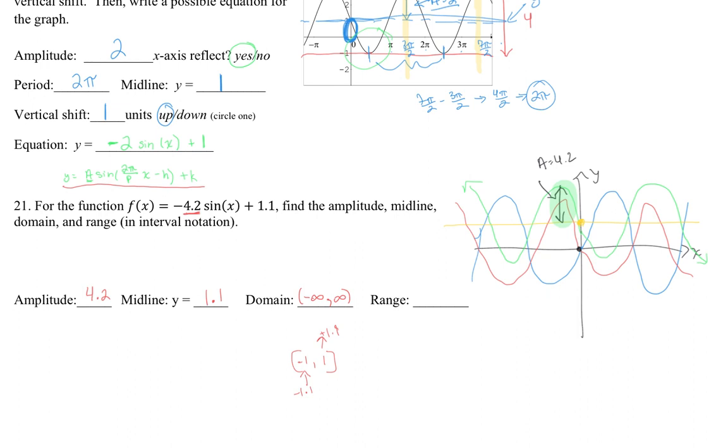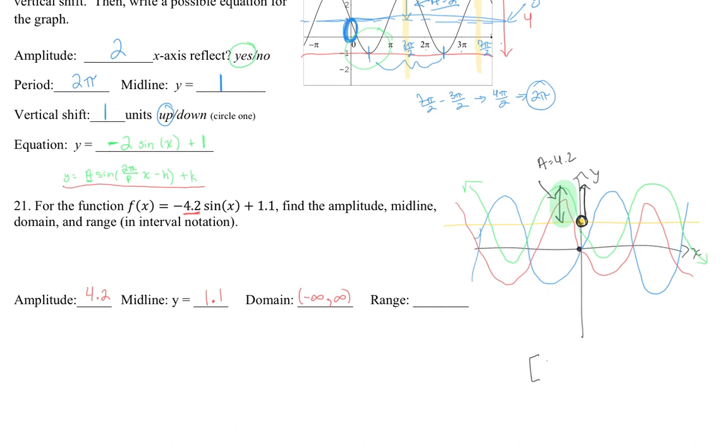We decided that from 1.1, there's an amplitude of 4.2, right? So our range actually goes from this 1.1 plus 4.2 and 1.1 minus 4.2.